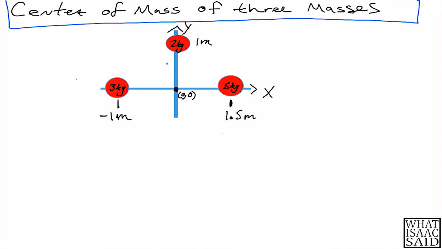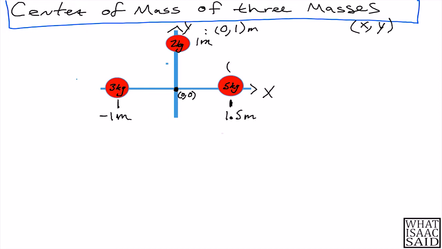So we can express the points on all of them as an xy coordinate. The xy of this top one here will be 0 and 1, and all of these are in meters.